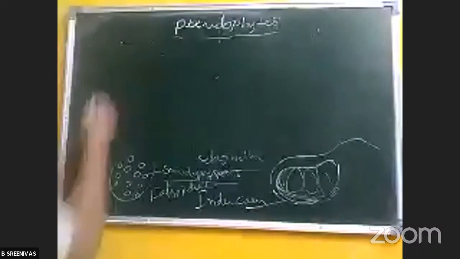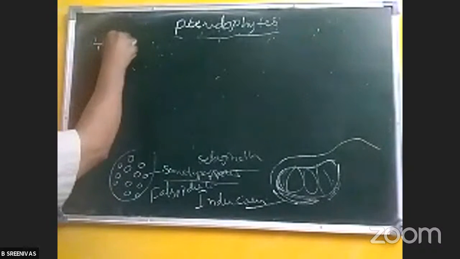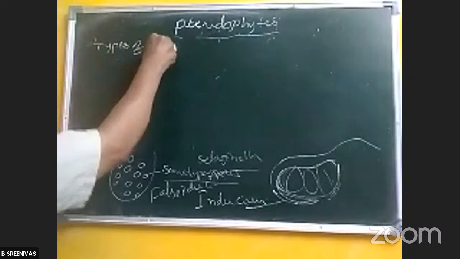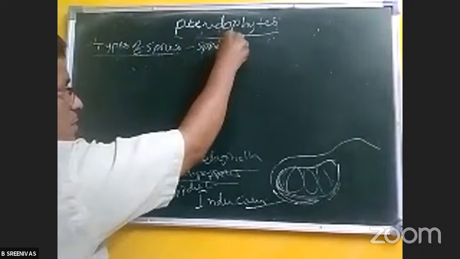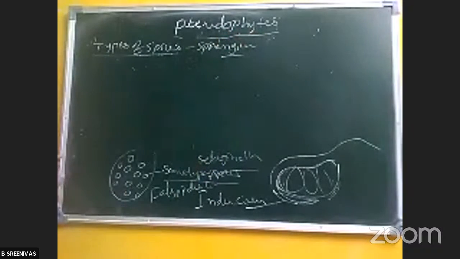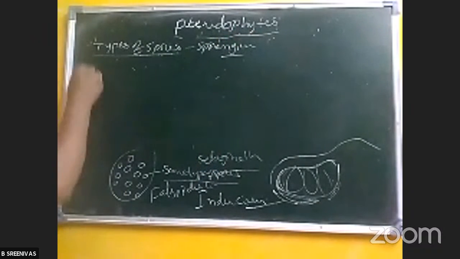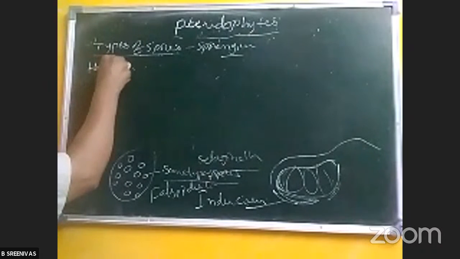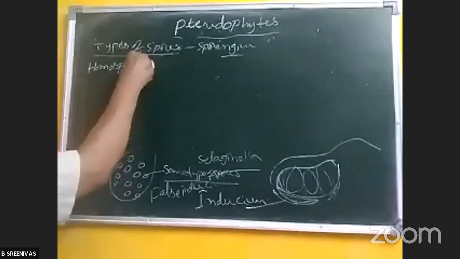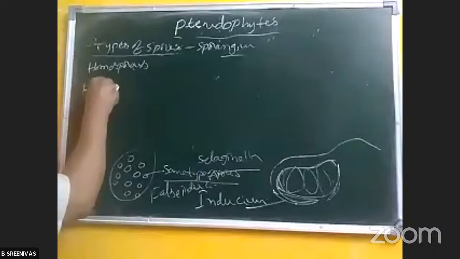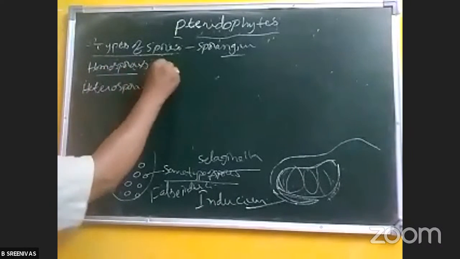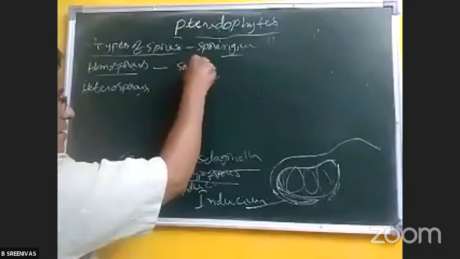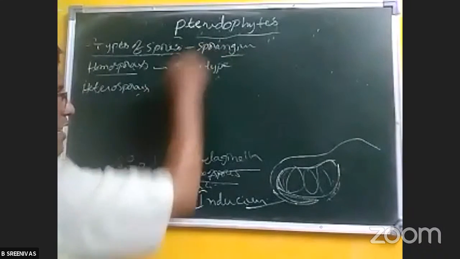Based on the types of spores produced in the sporangium, the plants are divided into two types: homosporous plants and heterosporous plants. Homosporous plants produce the same type of spores.